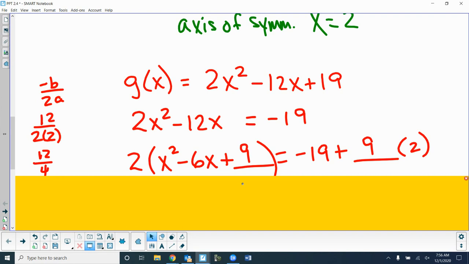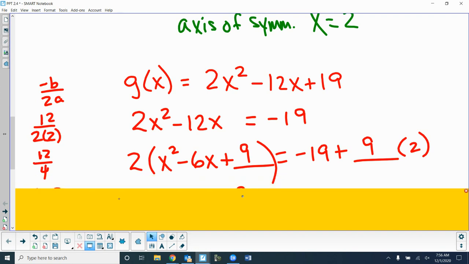Because if I go back and try to get to the original problem, I would distribute the 2. I'd be multiplying my blank by 2, which would be 18. So I've got to make sure over here I'm adding an 18. So I remember to multiply my blank by 2. The way you get the blank, you take B, the B value, divided by 2. So 6 divided by 2 is 3, and then you square it. Okay?